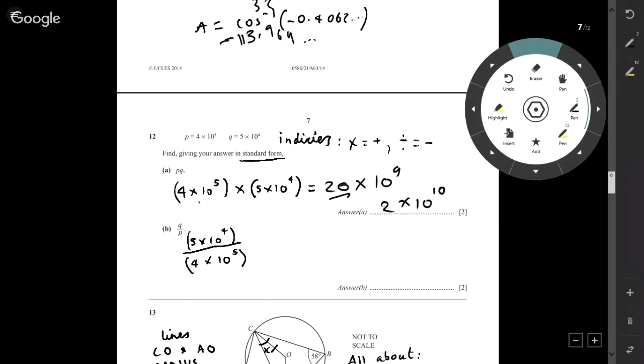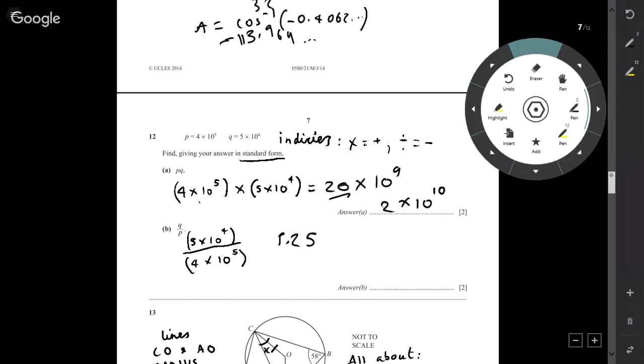Same again, substituted them in. This is Q, this is P. So we've got the same thing. Just remember a divide is a minus. So what we're going to do is 5 divided by 4, which gives us, for now, 1.25.